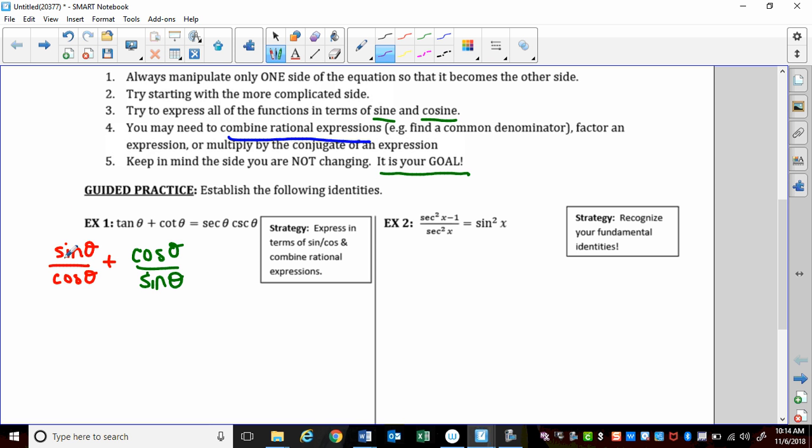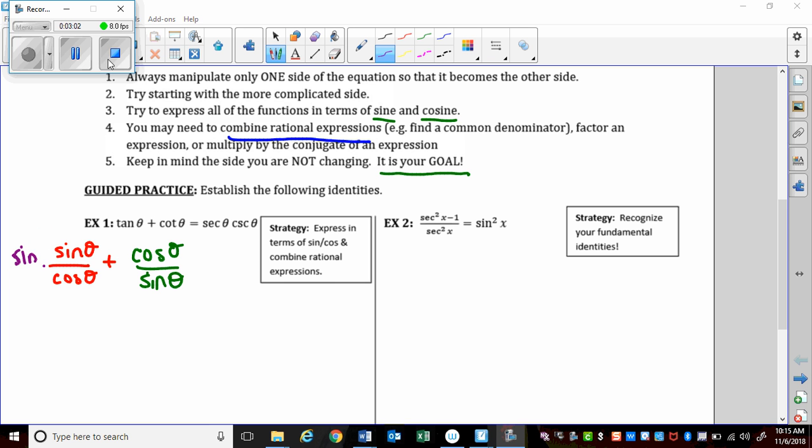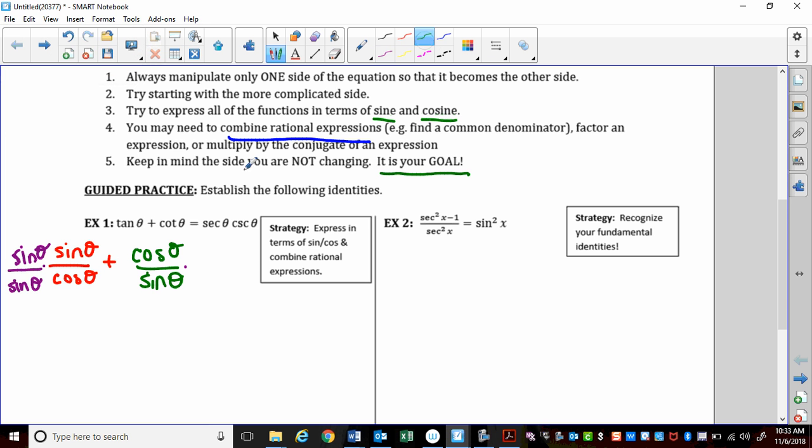So the left fraction, sine over cosine, I'm going to have to multiply by sine over sine so that we can have the common denominator. Whatever I do to the top, I have to do to the bottom to make it just 1. Now this side, I'm going to have to multiply by cosine over cosine.